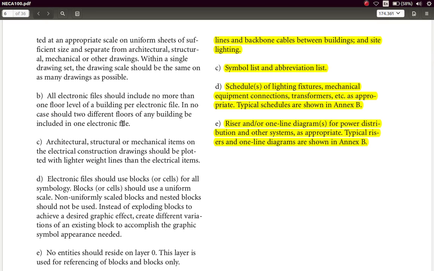So the ground floor, you have that, save it as a file on your drawing. The first floor, that should be separate. The second floor, that should be separate, and so on. Architectural, structural, or mechanical items on the electrical construction drawings should be plotted with higher weighted lines than the electrical items.